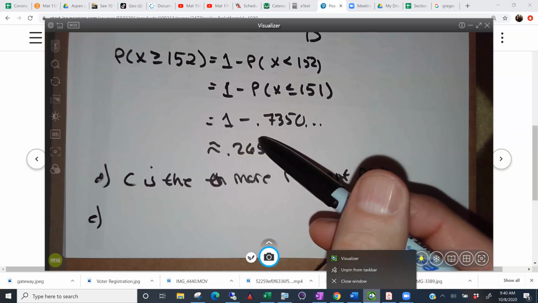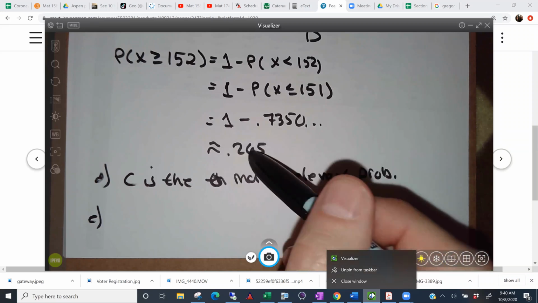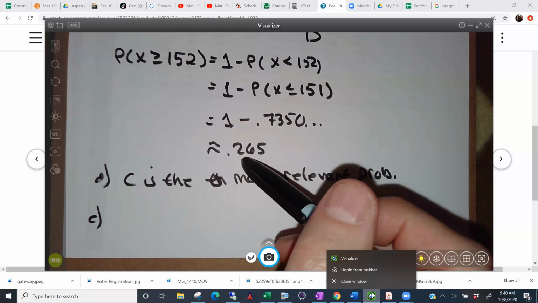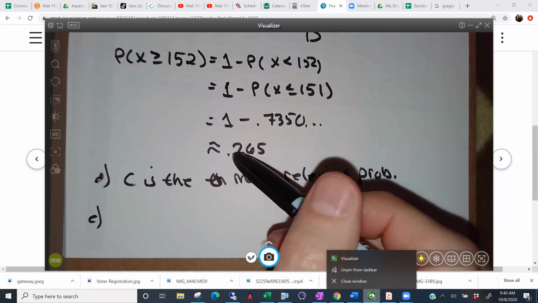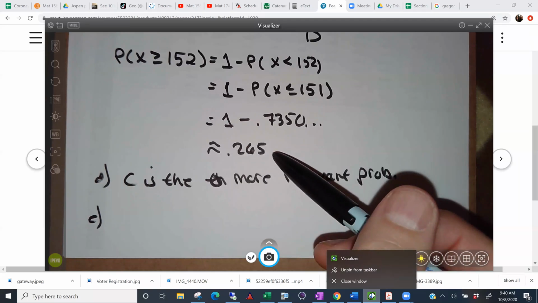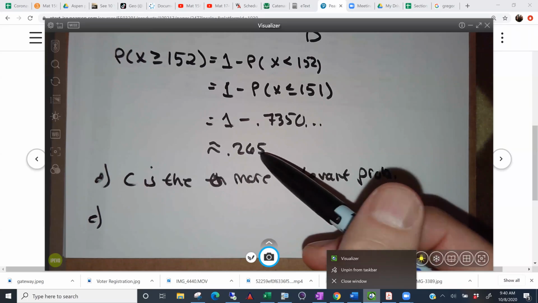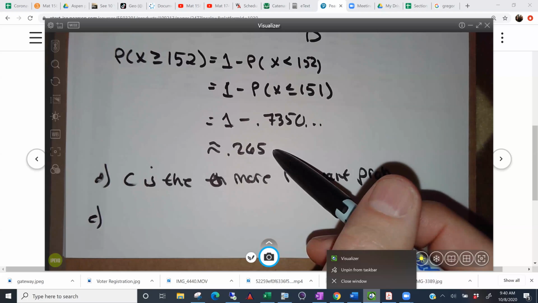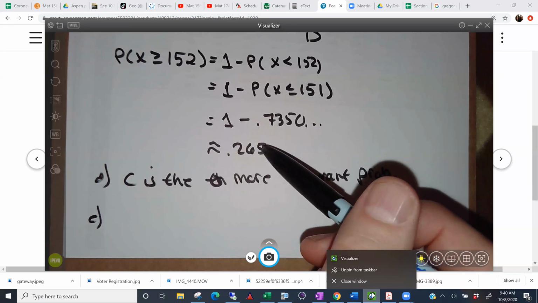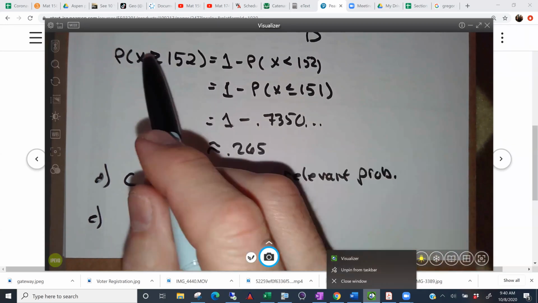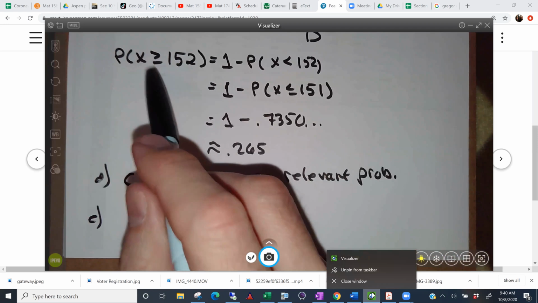Now, if this probability were smaller, say 0.0265, so that it was less than our 5% rare event rule, then what we could say is that yeah, it looks like we observed something statistically significant or very rare. Another conclusion would be that our assumption was wrong.